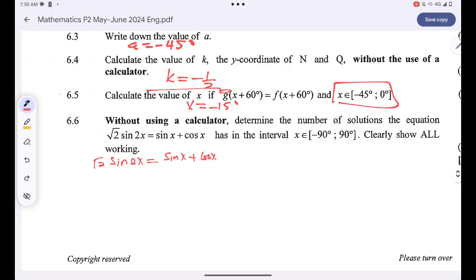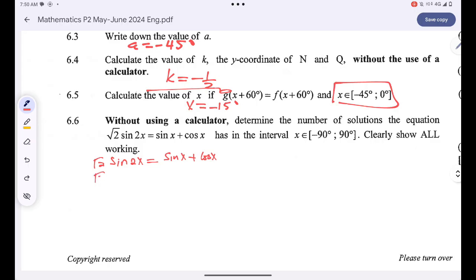I just need to use whatever I have. I do have the graph of sine 2x, and I also have the graph of f, which is cos of (x minus 45). So I must try to make this look like cos of (x minus 45).